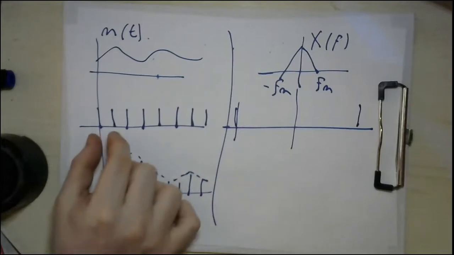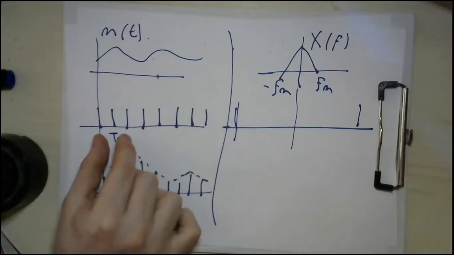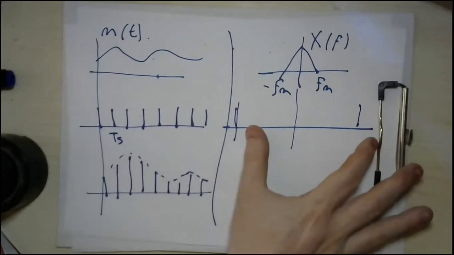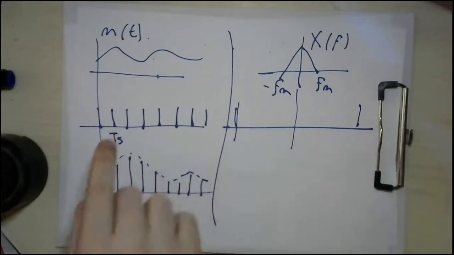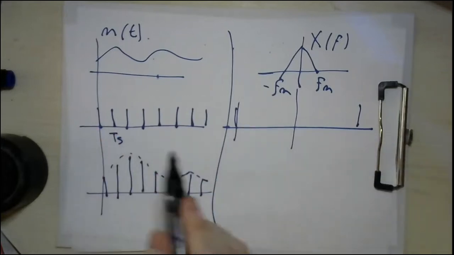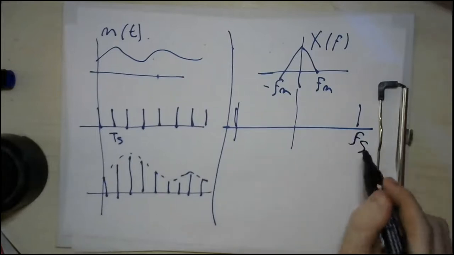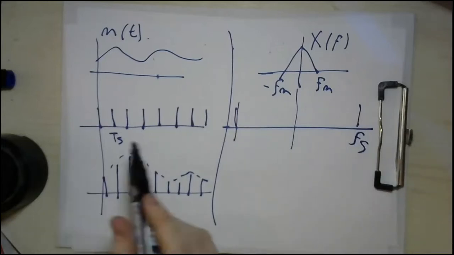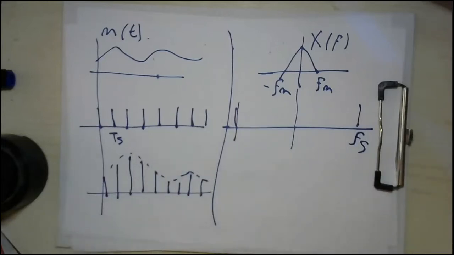So the closer the delta Diracs in the time, the wider in the frequency, because now the distance here is Ts and the distance here is Fs, which is 1 over Ts. So as you get closer delta Diracs in the time, the distances in the frequency will become wider. That's why I plot n delta Diracs in the time domain, and only 2 in the frequency domain.